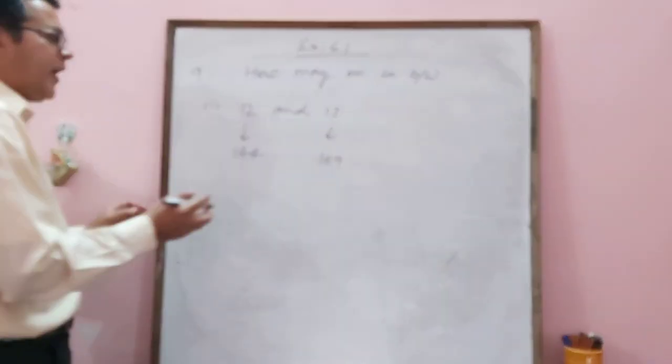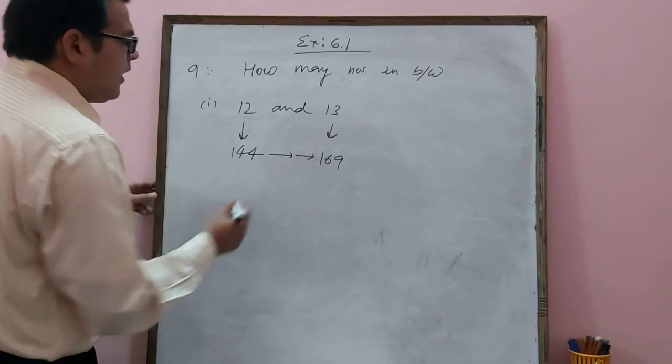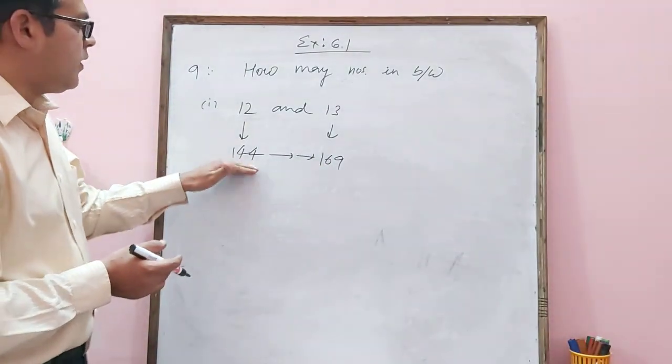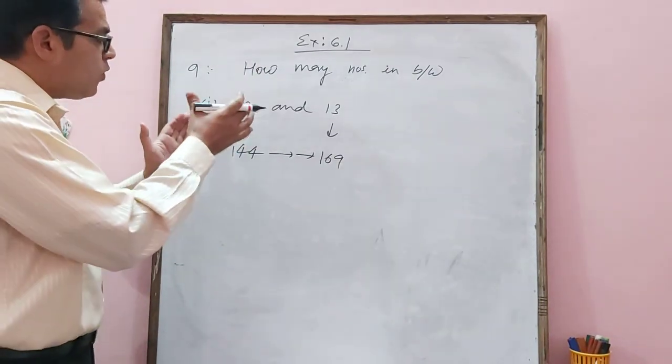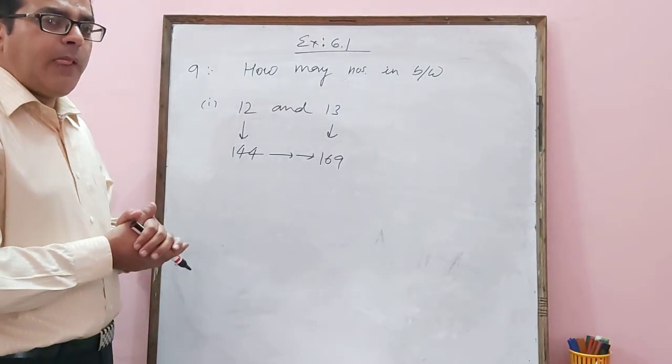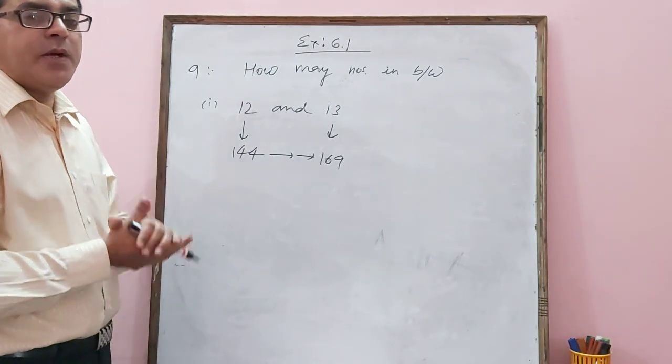Now you need to find how many numbers are in between 144 and 169. No need to write the numbers here, you just have to tell how many numbers there are.